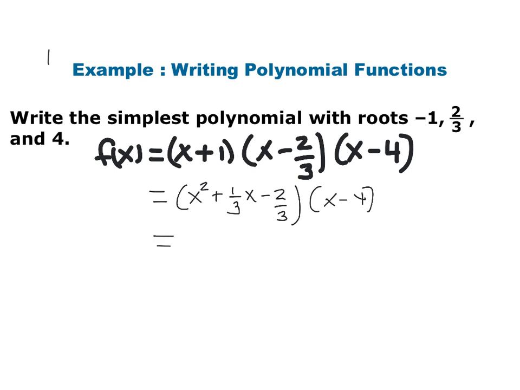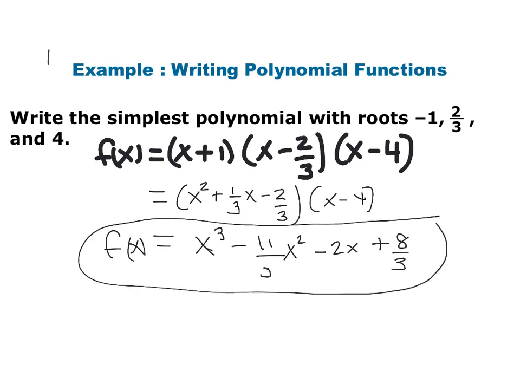And when I multiply those two, I'm going to get x cubed minus 11/3 x squared minus 2x plus 8/3. So that's going to be the polynomial once we multiply out. And you always have to check what the question is asking. Is it asking you to leave it in factored form or multiply it out?